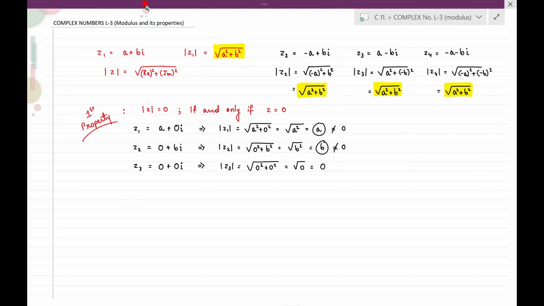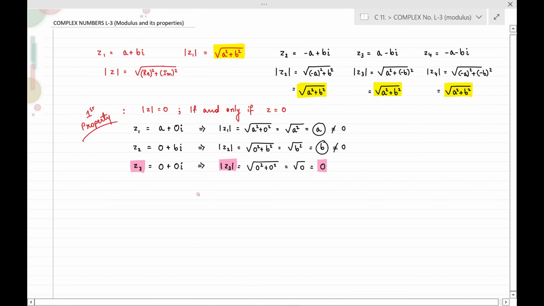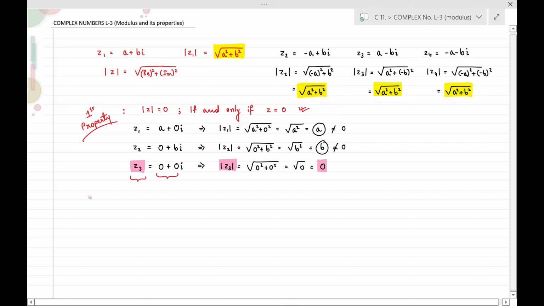So therefore what we conclude is the modulus of z3 is 0 only if the real and imaginary parts are both 0, that is, the whole complex number is 0. Then only the modulus is 0. So this condition is justified. Now let us move on with the second property. There are 4 properties in total.